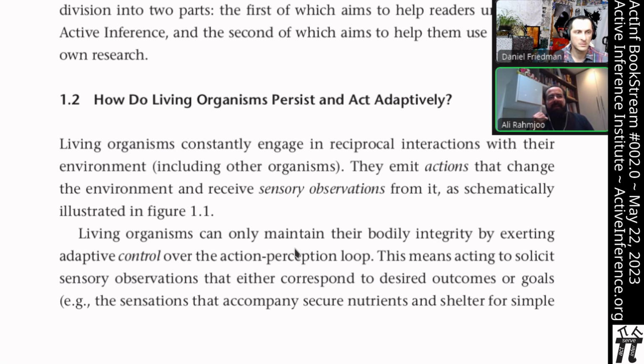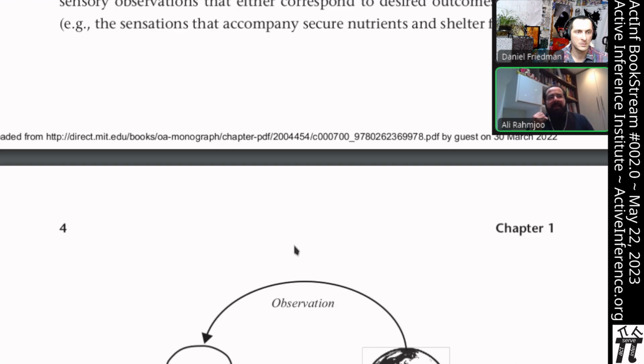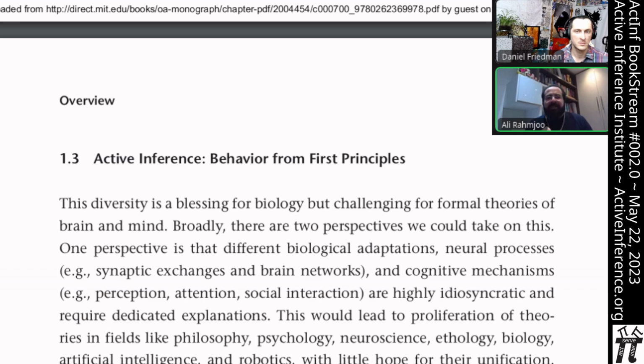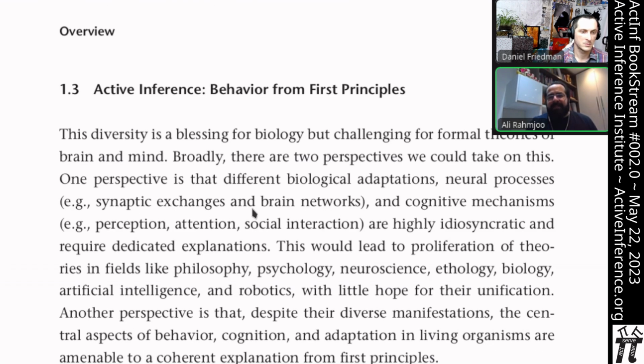And then section 3, which is a continuation of section 2, but a bit more specifically about active inference and how active inference is addressing the question provided in section 2. So basically, again, active inference is a modeling framework for modeling behaviors from first principles.